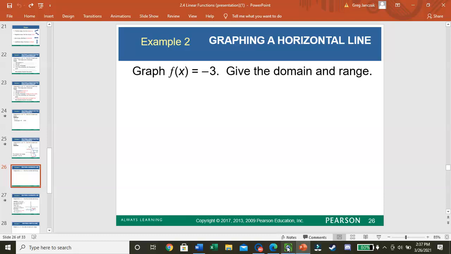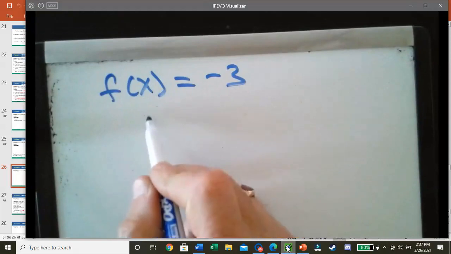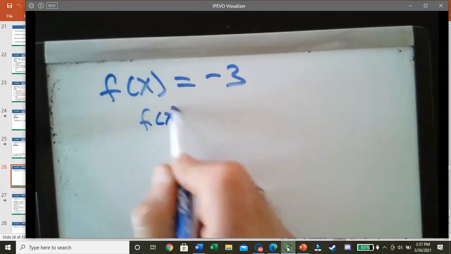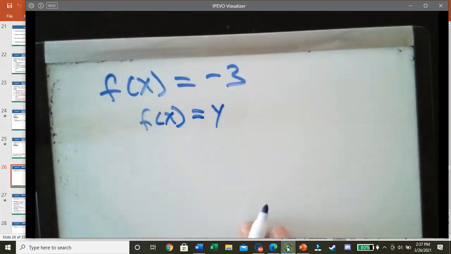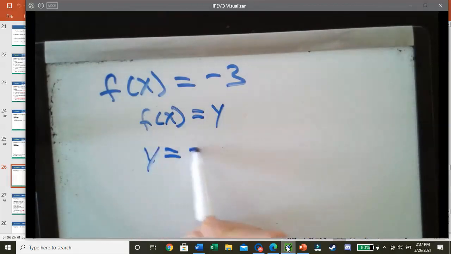Here, since we know that f of x and y mean the same thing, we can rewrite this as y equals -3.